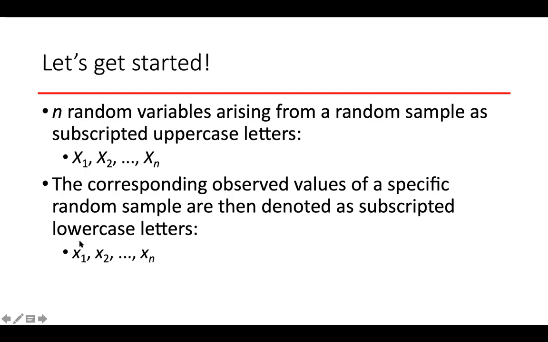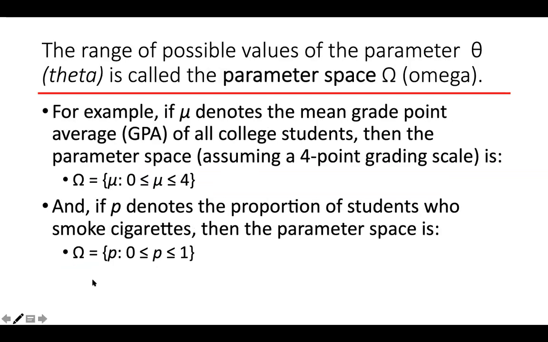Or we might be after the number of customers in the shop in 1 hour as the random variable, and the values 5, 10 might be the specific random sample we have, okay? You remember those things, right? The random variables are uppercase letters, and the observed values are represented by lowercase letters, okay?